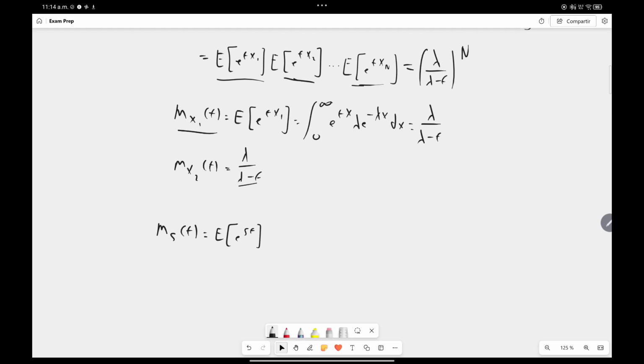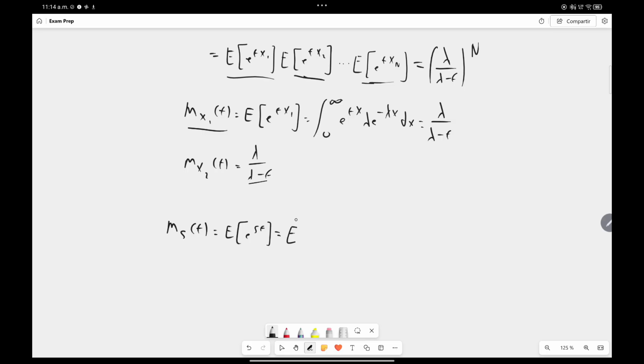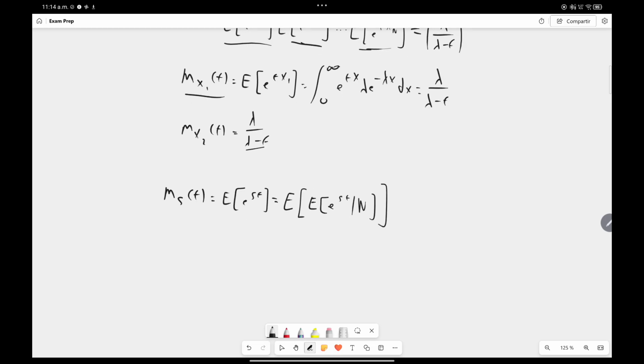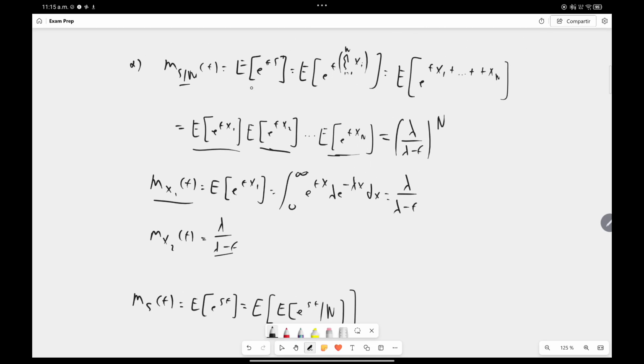But it is also the expectation over N of the expectation of e to the power of tS given N. So what does this mean? It means we're basically taking the expectation of the moment generating function of S given N.